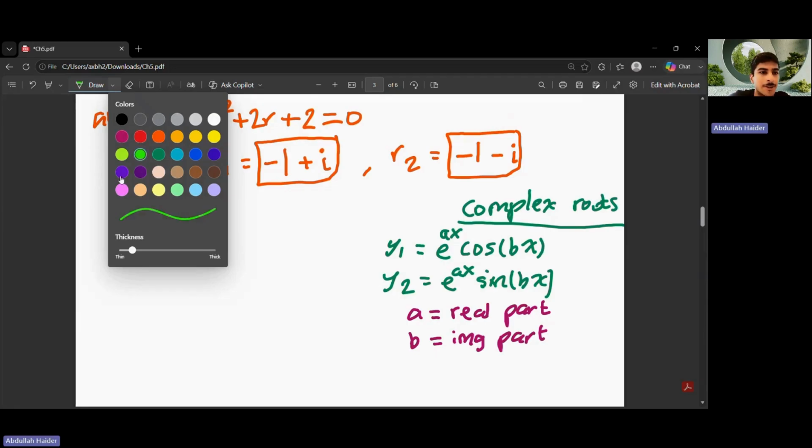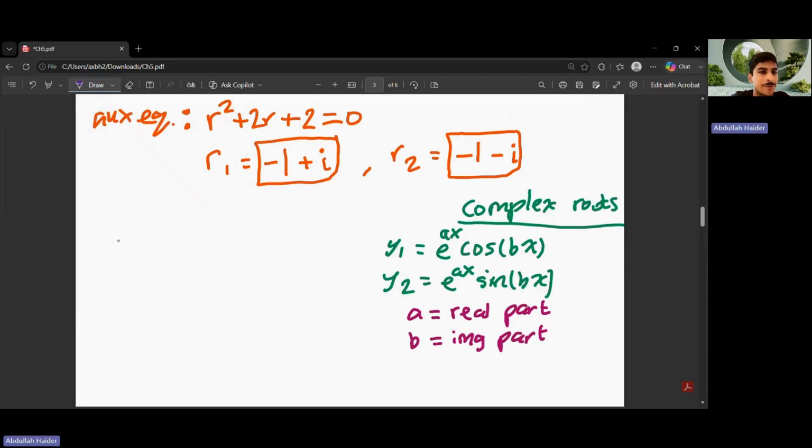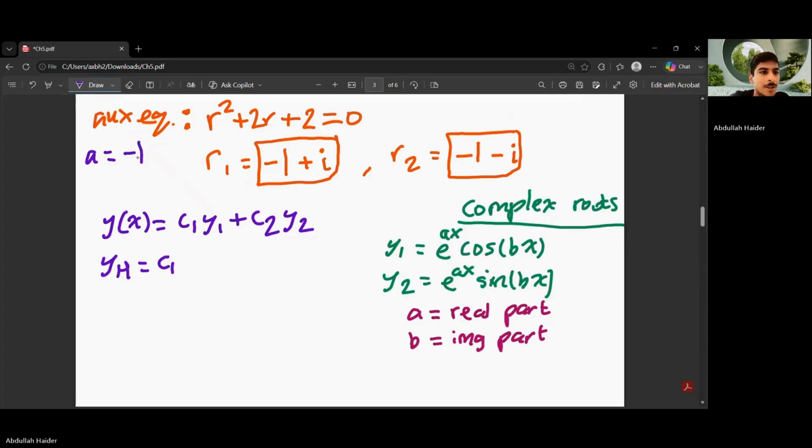So going back to the general form of the solution, y of x is equal to c1 y1 plus c2 y2. So our homogeneous solution is going to be c1 e power ax cosine bx. Now what is a and what is b? A is the real part, which is -1, and b will be the imaginary part. For the imaginary part, you don't look at the signs.